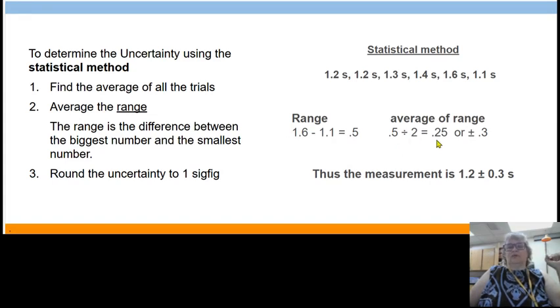Now all uncertainties should be 1 sig fig. So instead of writing 0.25, you would write plus or minus 0.3, because the 5 rounds the 2 up to a 3. In this case, this measurement is 1.2 plus or minus 0.3 seconds.